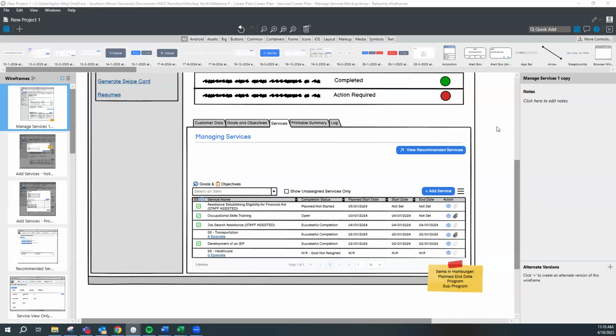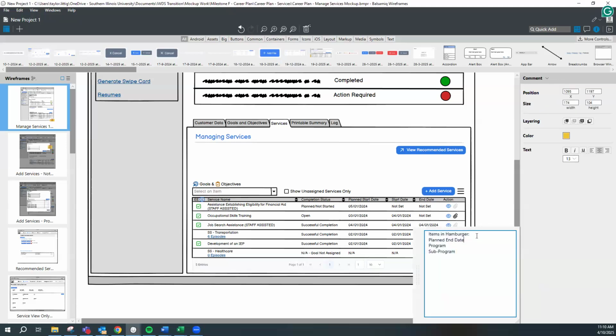So we need to look at redoing the data columns to show you fewer, because right now you have to scroll to see the whole table and that's not very user friendly. So I think what you were saying is we need to pick 3 to 4 data points that are actionable and needed by the career planner, with the ability to use the hamburger to see additional data as needed, but not require scrolling right off the bat.